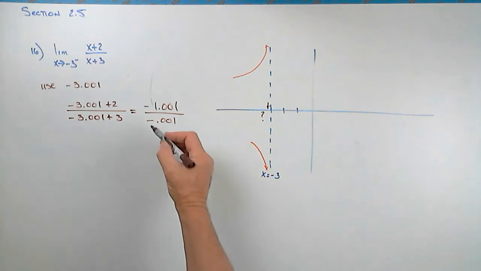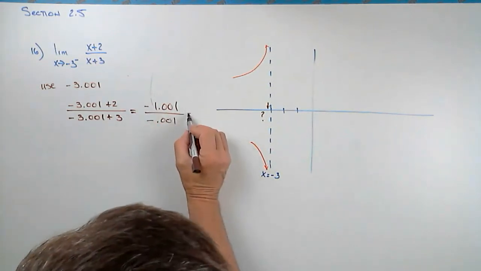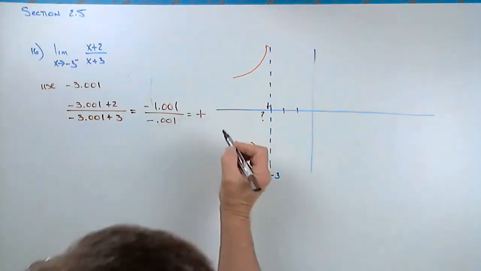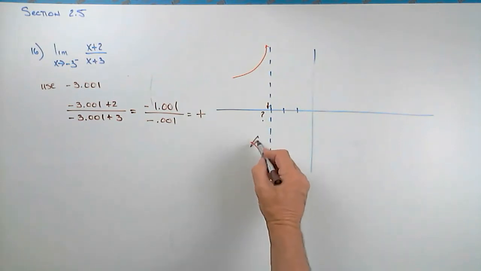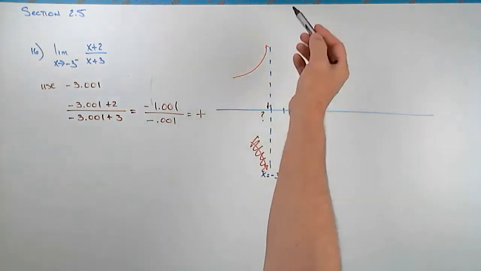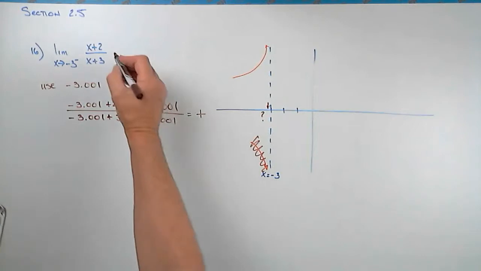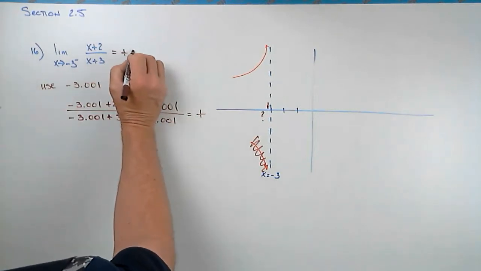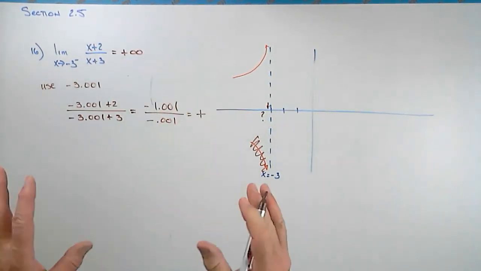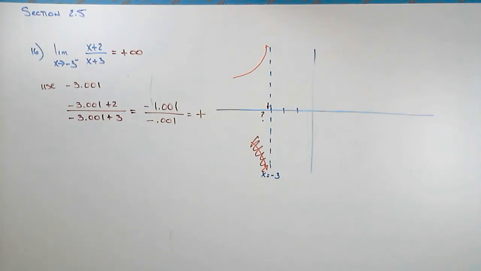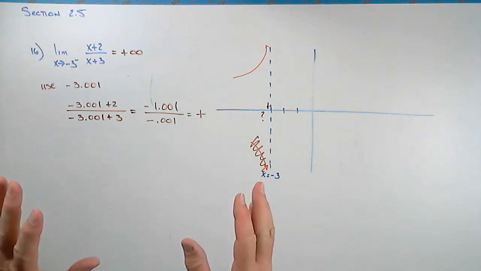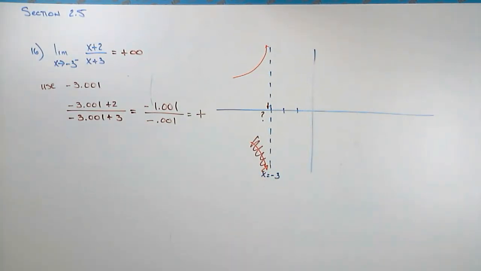The important thing here is we get a negative divided by a negative. This is equal to a positive. Well, if it's equal to a positive, we're going to positive infinity. Again, this is the kind of analysis they expect us to be able to work out based on our pre-calculus experience. This is the kind of analysis in a calculus class that we need to fall back on to work out problems such as this.